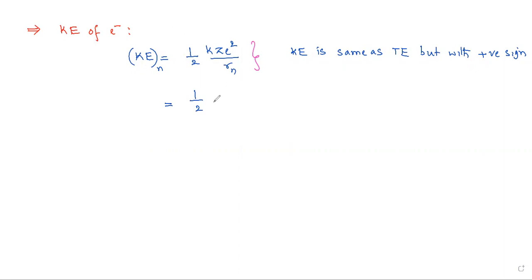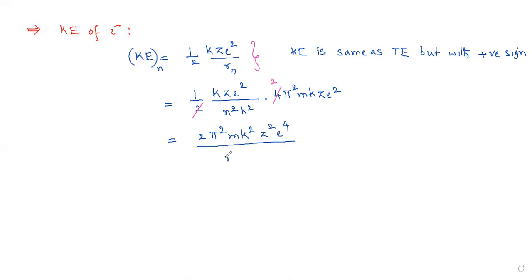That is the only difference. Now come on, let us substitute this. What is Rn? n square h square by 4 pi square m k z e square. So this can be written as, come on, cancel out these two. 2 pi square m k square z square e to the power 4 by n square h square.